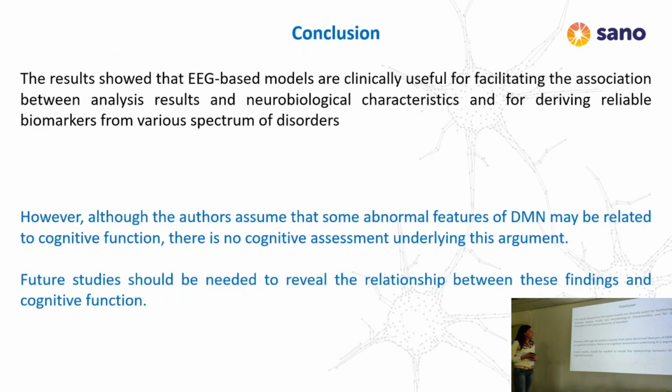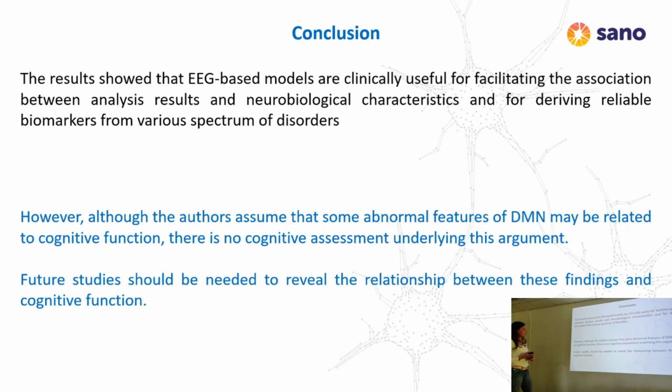So the results showed that this method is clinically useful for facilitating the association between the analysis results and neurobiological characteristics and for deriving reliable biomarkers from the various spectrum of disorders.